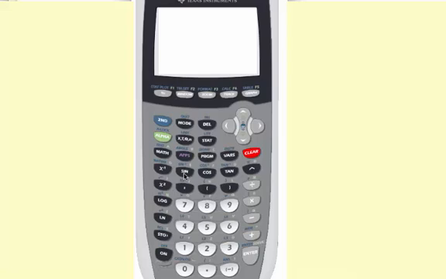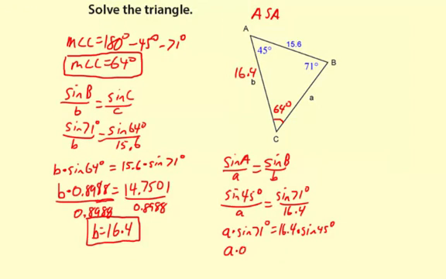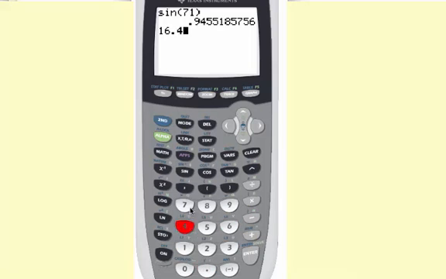Okay, so let's figure that out. Sine of 71 degrees is 0.9455. So A times 0.9455 equals 16.4 times the sine of 45 degrees, which is 11.5966.